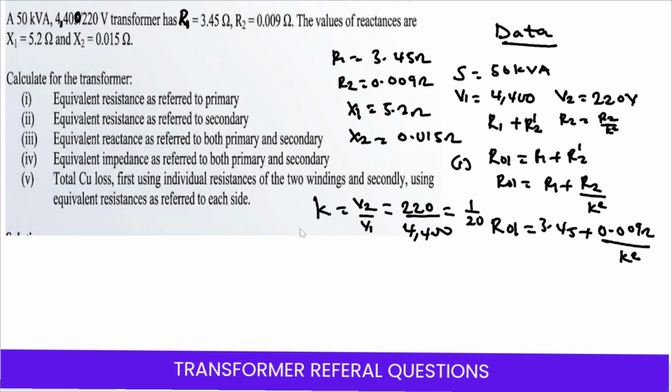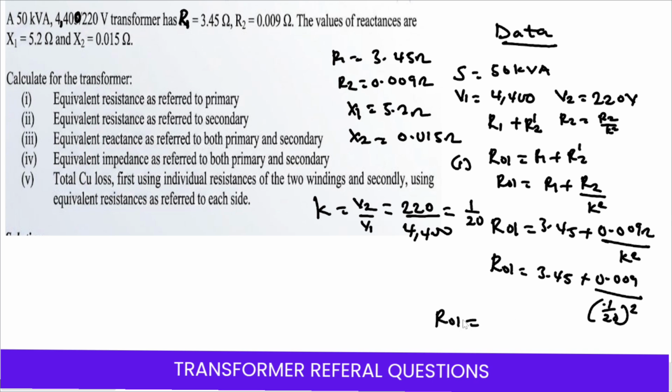1 over 20. So here R01 is equal to 3.45 plus 0.009 divided by K squared, which is 1 over 20 all squared. Don't forget to square the value. Let me do it gradually.